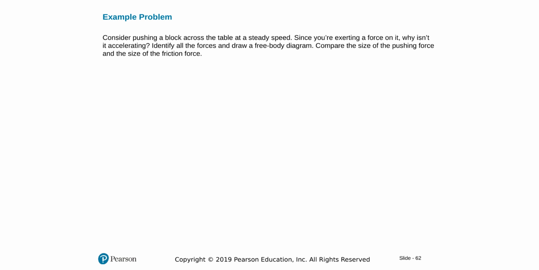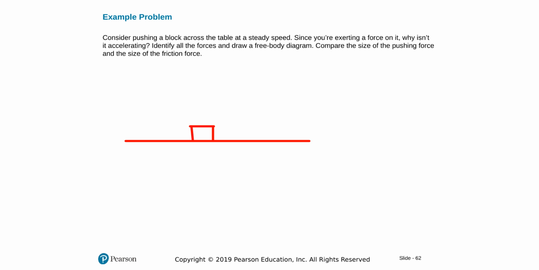Consider pushing a block across the table at a steady speed. So we have a table, let's draw that. We have a block. Let's draw that as well. It's a little bit tilted, but it's alright.